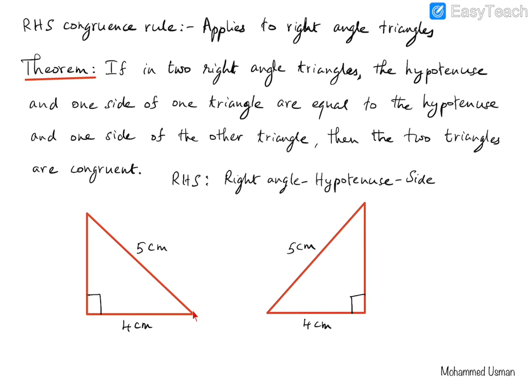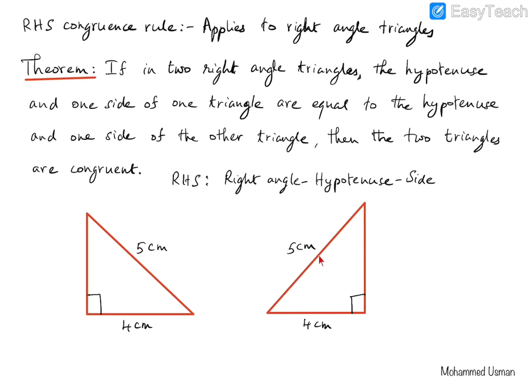We have the base side here, which is 4 centimeters, and the base side here, which is also 4 centimeters. So we have a right angle, hypotenuse, and a side which are equal. So we have what is called the right angle hypotenuse side congruence rule. Based on this, we say that these two triangles are congruent.